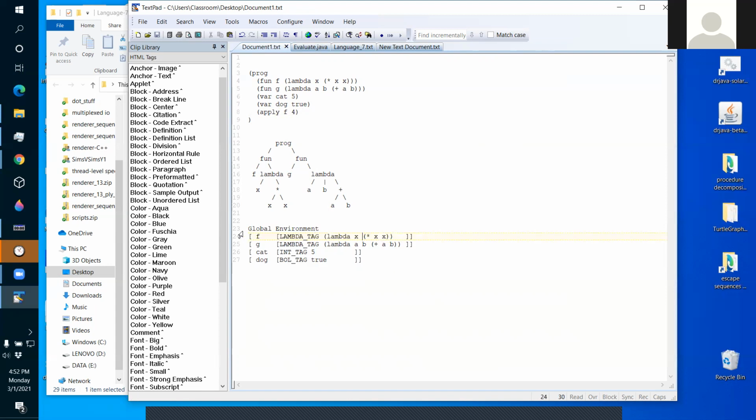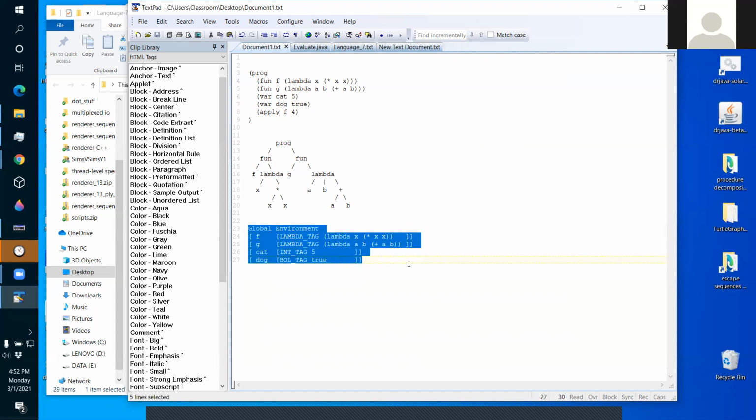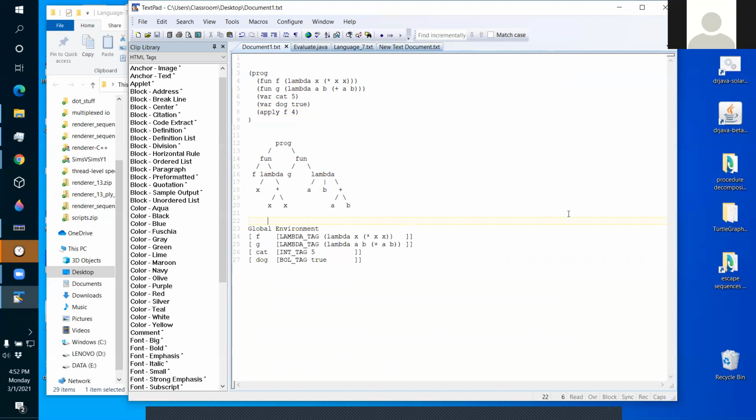So that's a case where you have to think, I need to build an environment to hold a local variable, the for loop variable. That helps you think about these ideas here. If you have a question about the homework, either come to office hours tomorrow or send me an email.